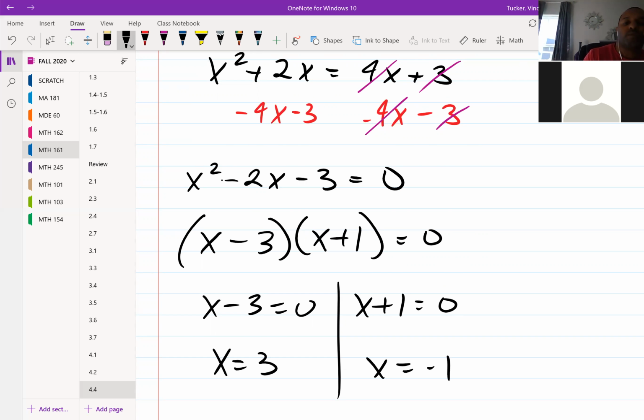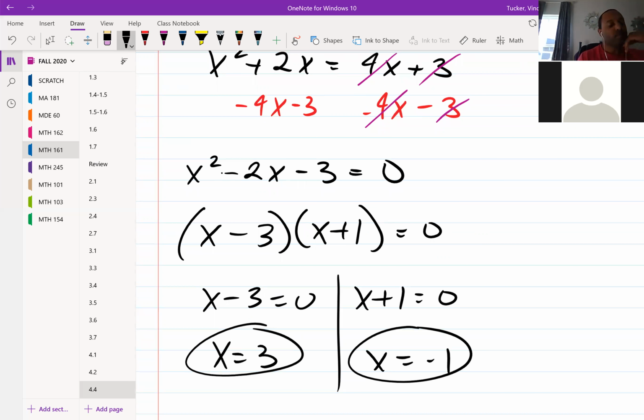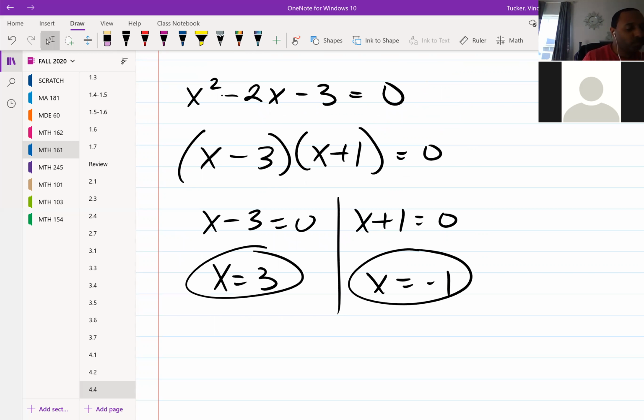X is equal to negative 1. So what's going to end up happening once you go and plug them in to do your check? 3 should work, and then negative 1 will not work.